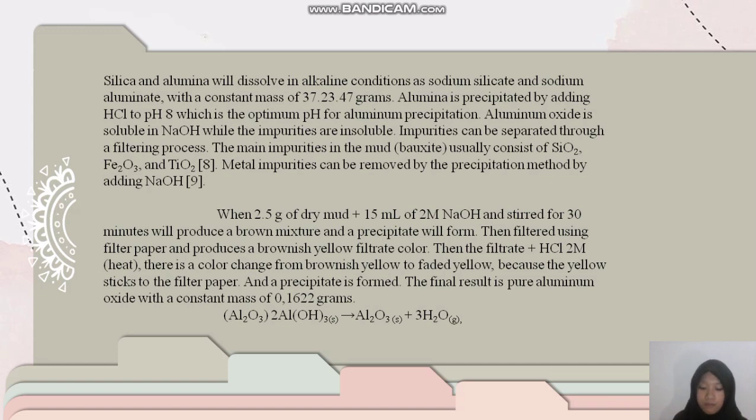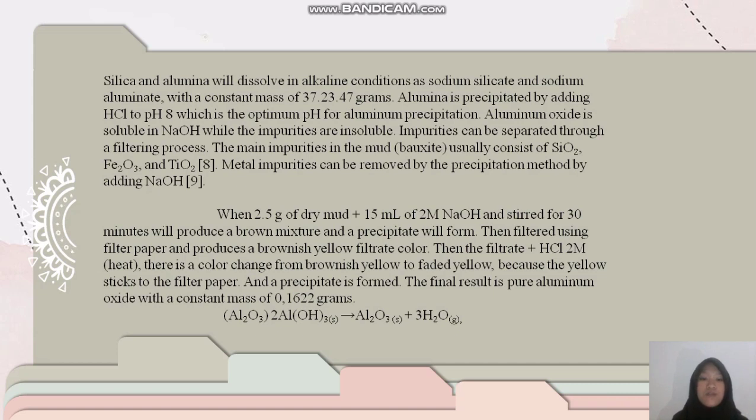When 2.5 grams of dry mud plus 15 ml of 2 M NaOH is stirred for 30 minutes, it will produce a brown mixture, and a precipitate will form. Filter using filter paper to produce a bronze yellow filtrate color.